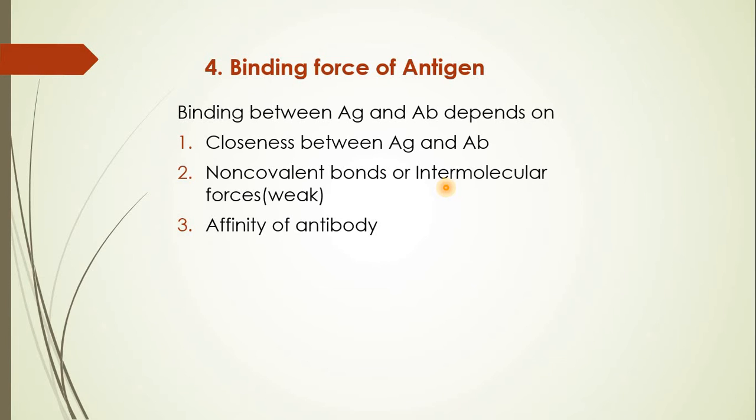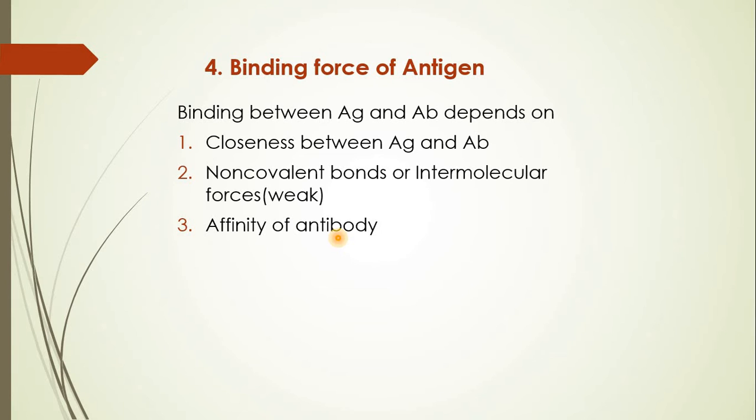And lastly, which is very important, we can say the affinity of the antibody. What does it mean? Affinity of the antibody refers to, as I said, the specificity seen with reference to binding of a specific type of antigen to the antibody. In other terms, the closeness is totally dependent on the structure of the epitope and the structure of the paratope.